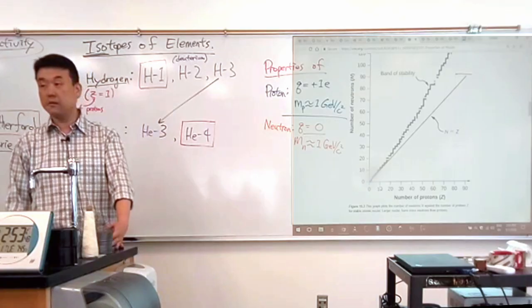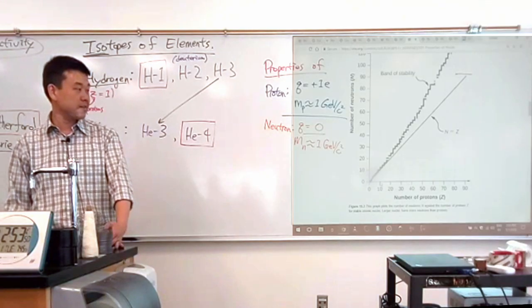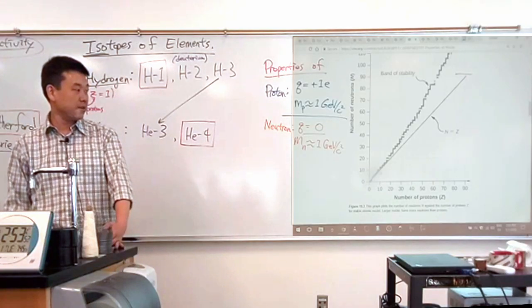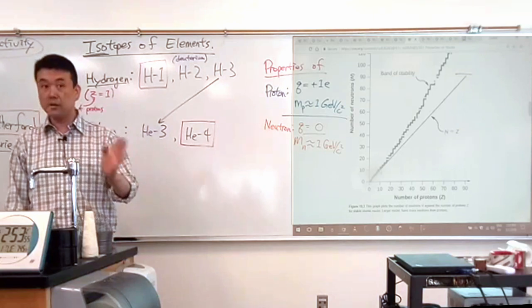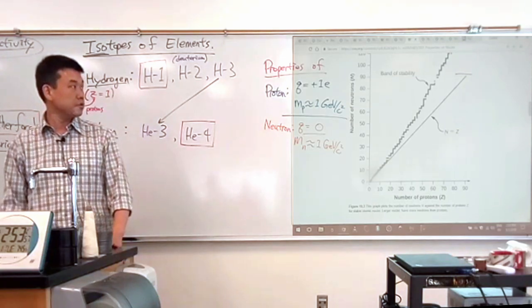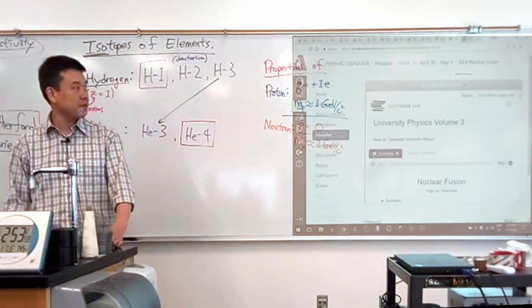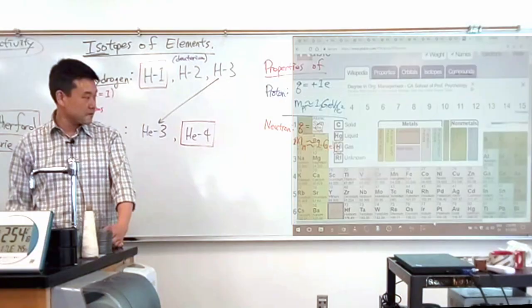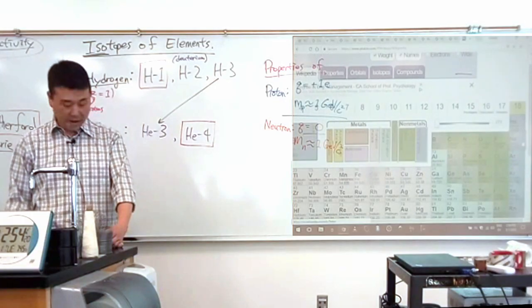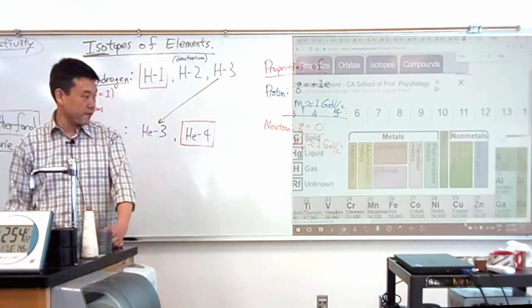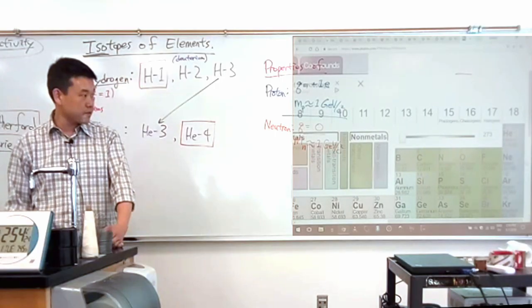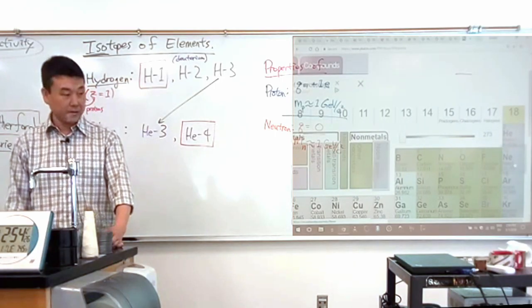If you have an element with 10 protons, that's neon, then you are likely to have a stable isotope with 10 neutrons. Let's double check: what's the atomic weight of neon? Yeah, the atomic weight of neon is about 20. So 10 protons, 10 neutrons, approximately.